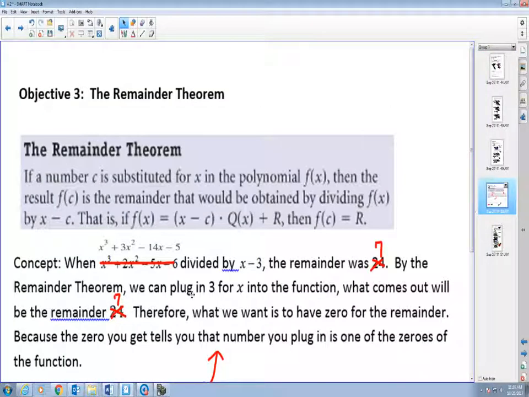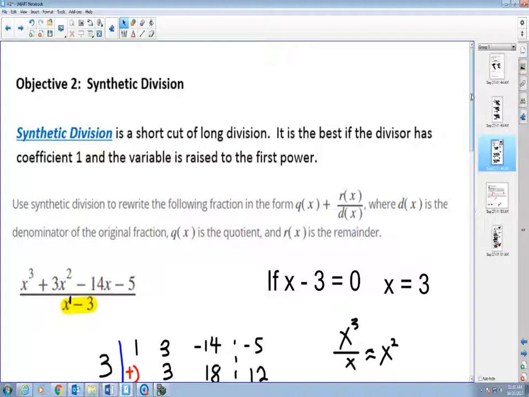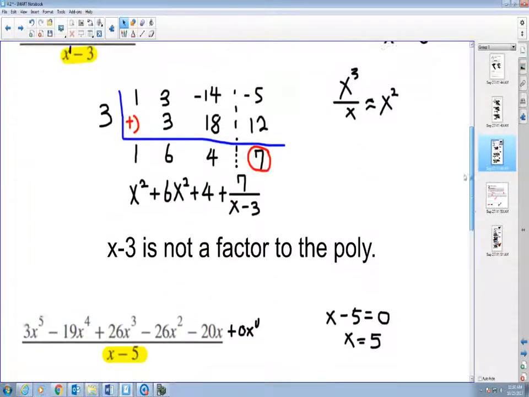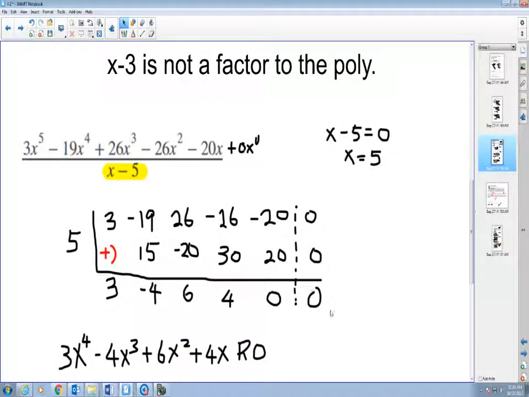So basically what the remainder theorem was saying is when we perform our synthetic or long division, if the remainder is a zero, that tells me that my divisor is a factor. If my divisor is a factor, then the number I use for the synthetic division, the 5, is going to be the 0 to the polynomial.